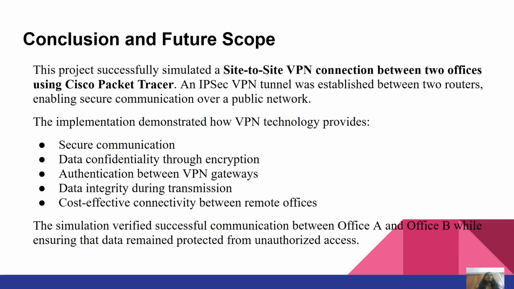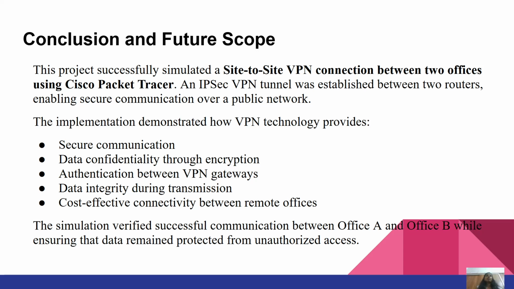Conclusion and future scope. The project successfully simulated the site-to-site VPN connection between two offices using Cisco Packet Tracer. An IPsec VPN tunnel was established between two routers, enabling secure communication over a public network.